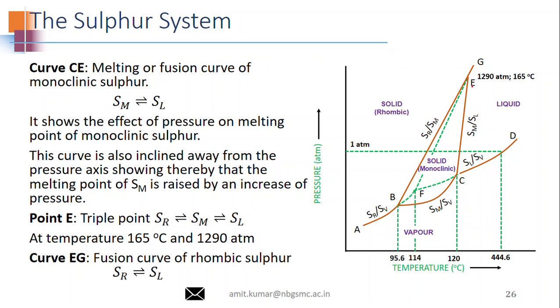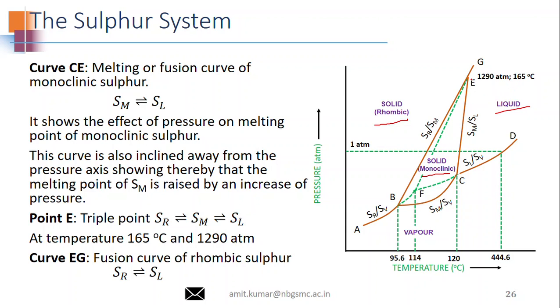Reaching point E, again this is a triple point between solid rhombic sulfur, sulfur in monoclinic state, and sulfur in liquid state. This point is at 1290 atmosphere and 165 degrees Celsius.